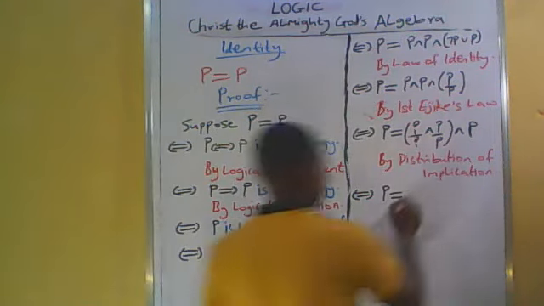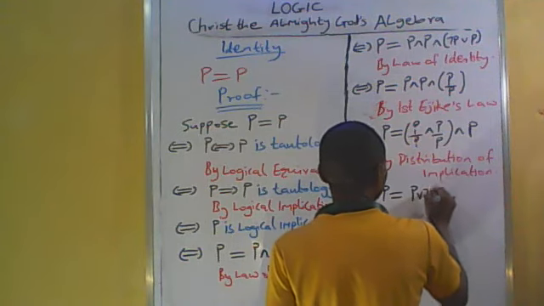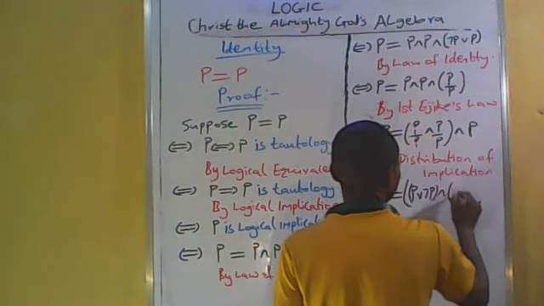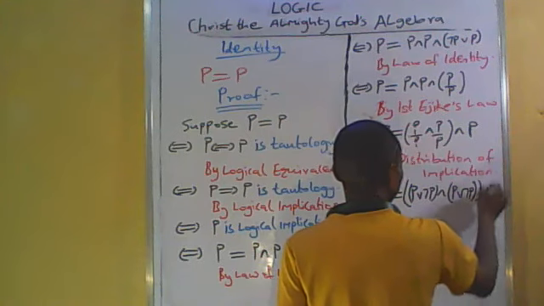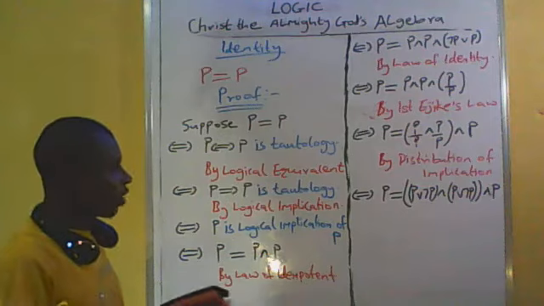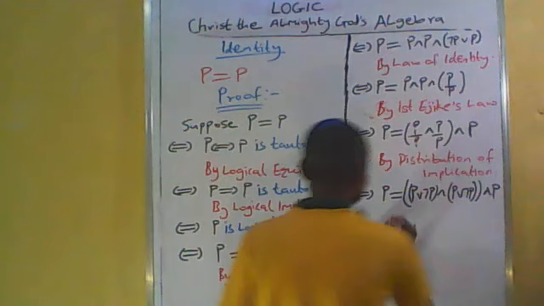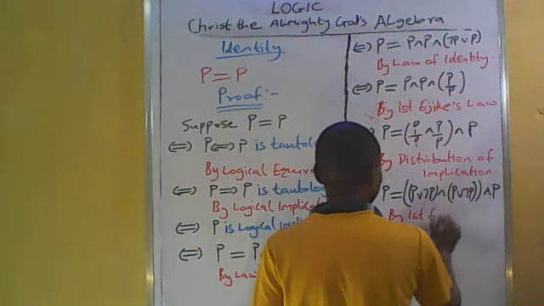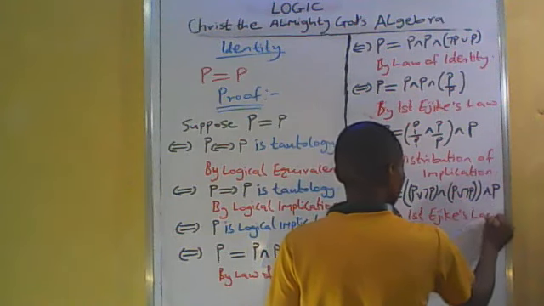So we're going to have P or not P and bracket P or not P and P, being justified by the first conditional law.